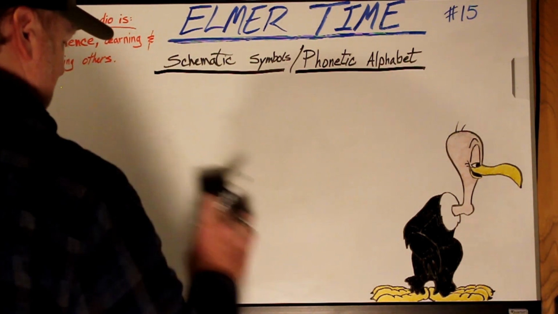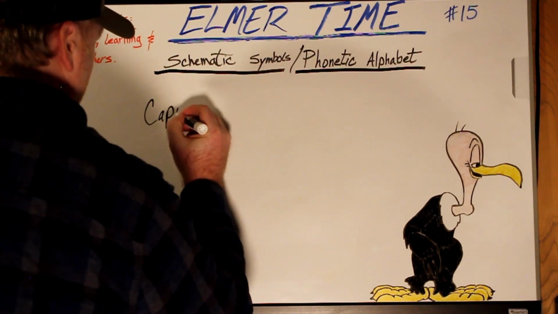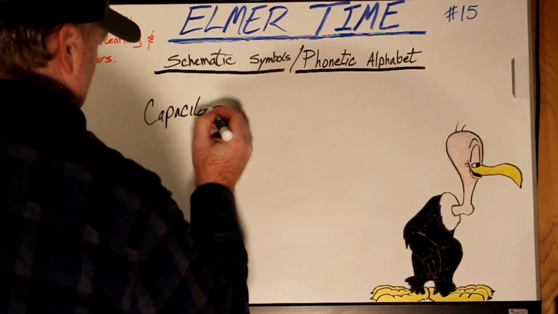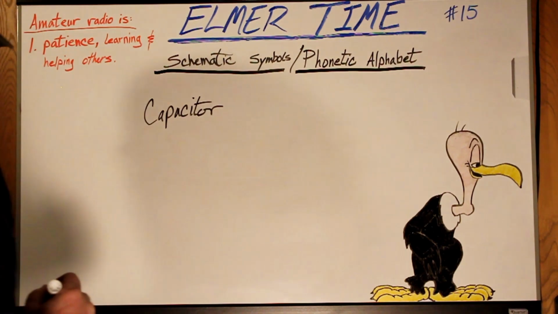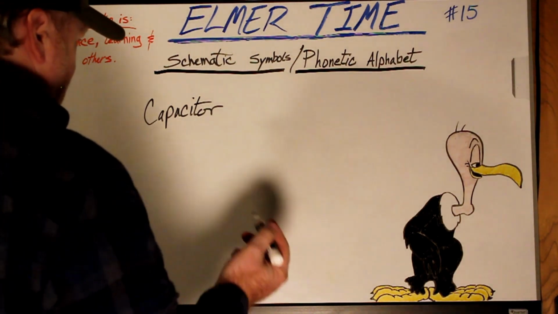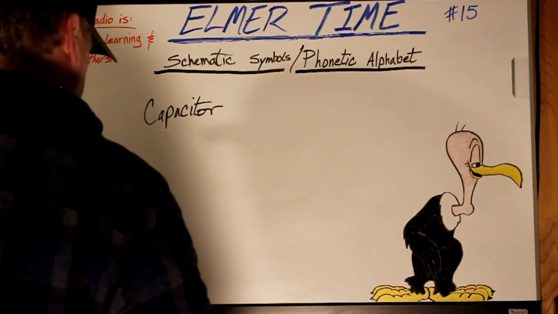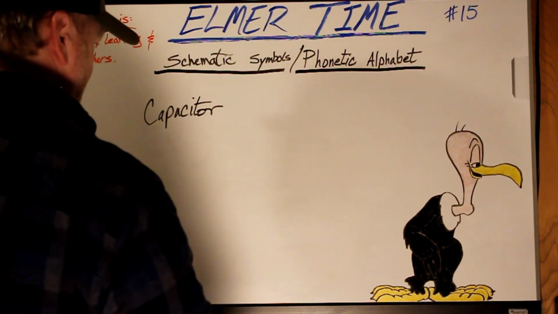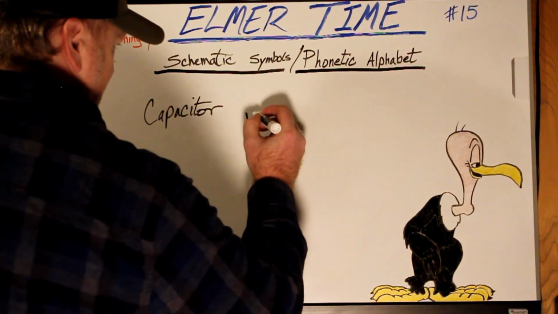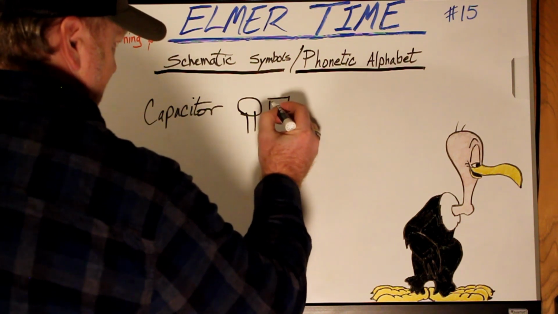So, moving on, next one would be a capacitor. A capacitor basically stores and releases an electric charge in a circuit. There are many different types. There are ceramic or film types of capacitors. You've probably seen them. They're round, or the film ones are square.